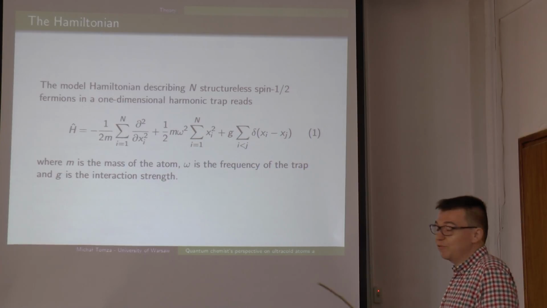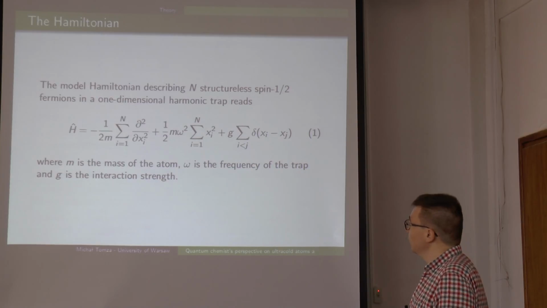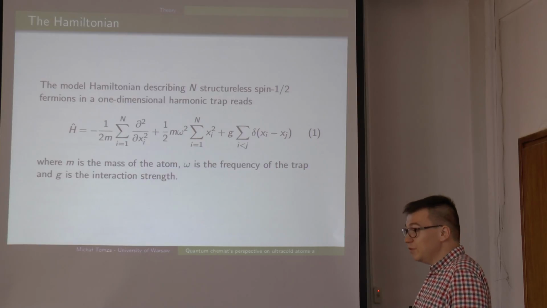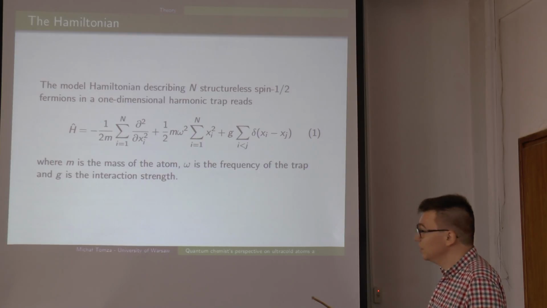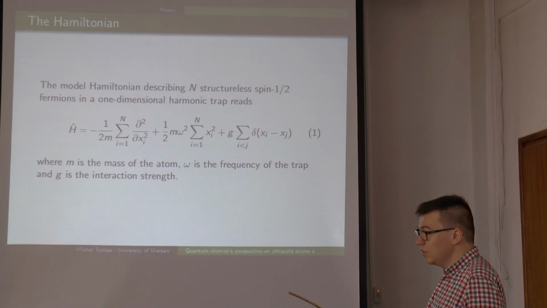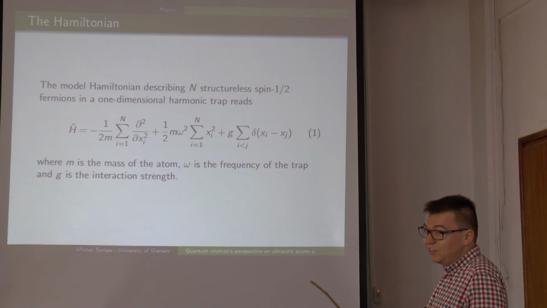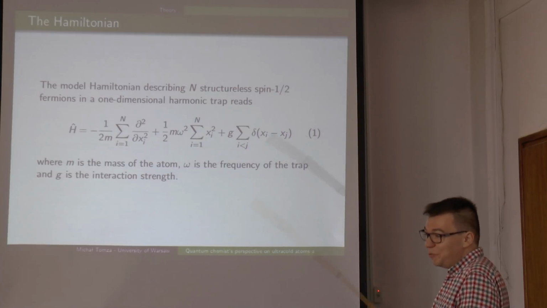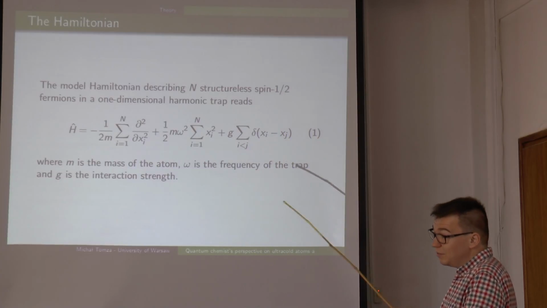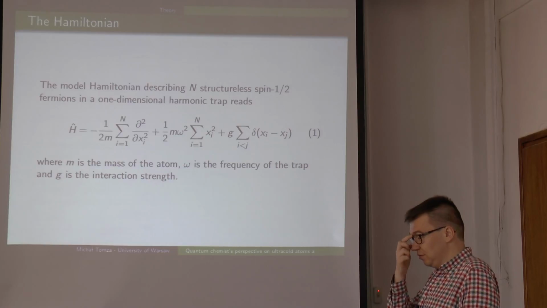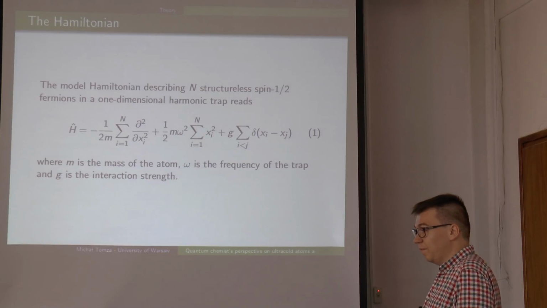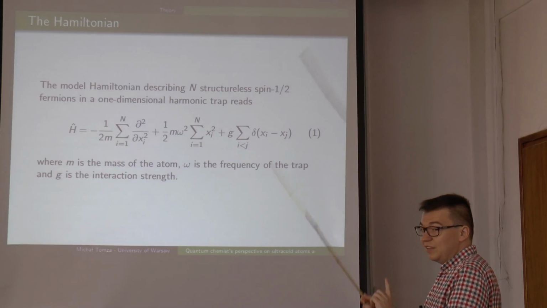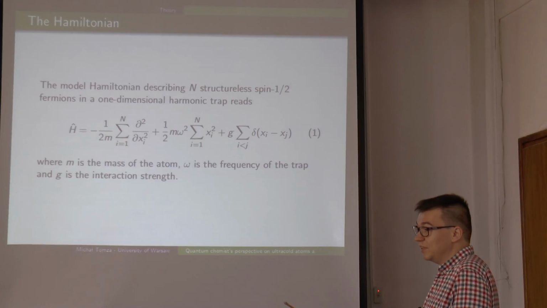So N is the total number of particles? Yes, the total number of particles. And half of them are spin down and half spin up? In general, yes. You can assume any number, but we start from that. Then how do you write the G? No, the G is between up and down, between two atoms, one up, one down.